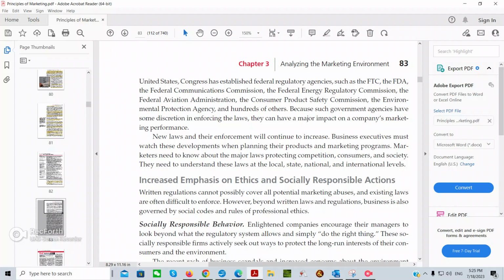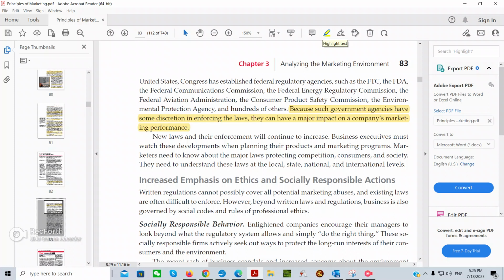Also, the Consumer Product Safety Commission, the Environmental Protection Agency, and hundreds of others. Because such government agencies have some discretion in enforcing the laws, they can have a major impact on today's market performance, which is basically a gray area, and is, of course, morally questionable.